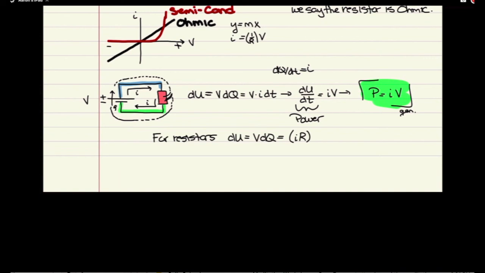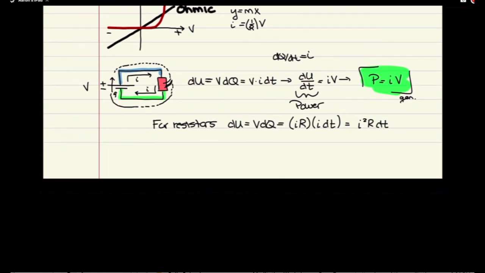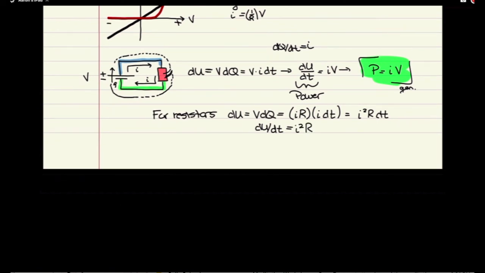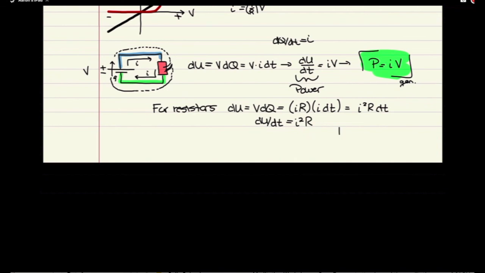And then dq is, again, I dt. This is I squared R dt. We can divide by dt, and we again get the power is I squared times R.